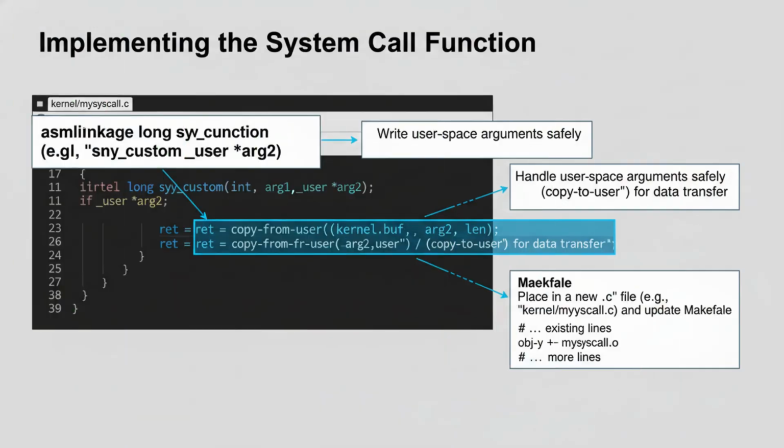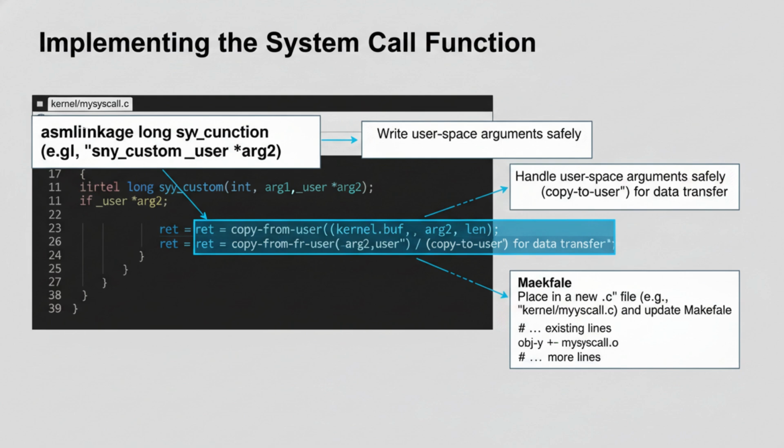Once you've added the entry, you need to write the actual C function that the kernel will execute. This function, typically named sys_my_custom_syscall, matching our example, takes arguments directly from user space. It's crucial to understand kernel data structures and memory management when implementing this function.